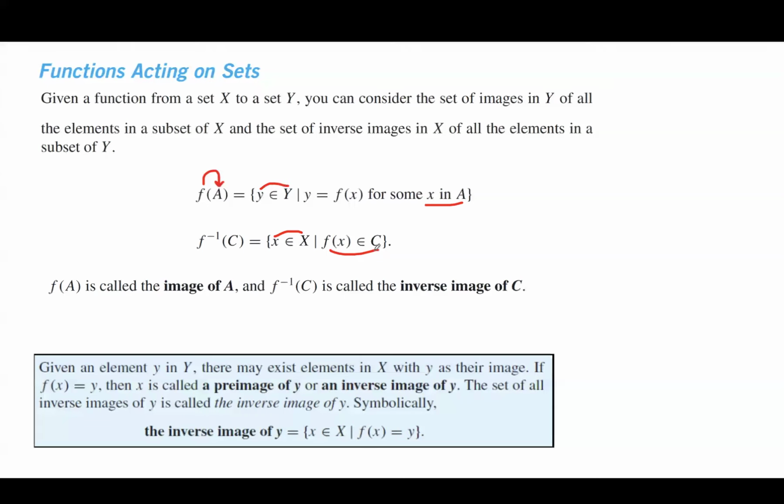But here, compare it with the definition of the inverse image of a set rather than one single element. This is the set of all x values such that f of x belongs to C, and that is the set of all x values such that f of x is equal to y.